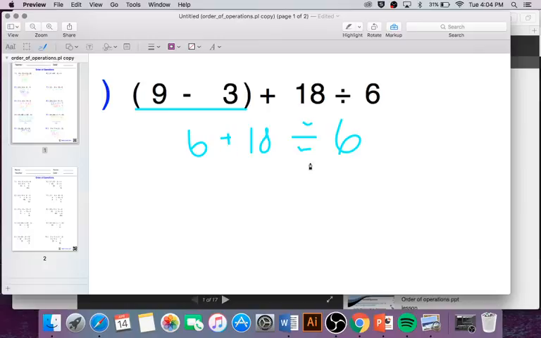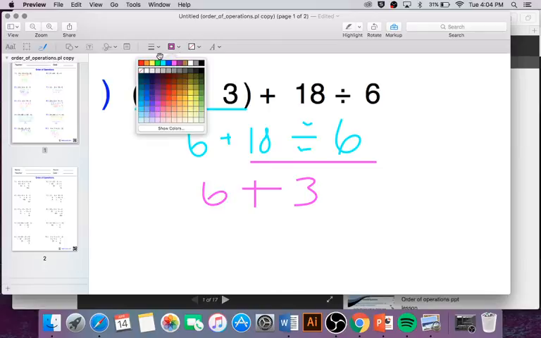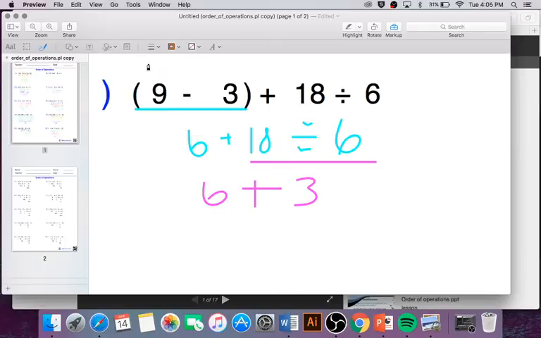We have addition and division. So the first thing we're going to do is our division. 18 divided by 6 is 3. And then we're going to bring down the 6 plus. 6 plus 3 is 9. So our answer is 9.